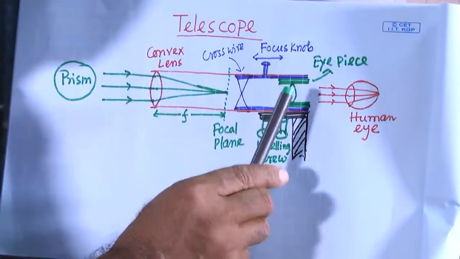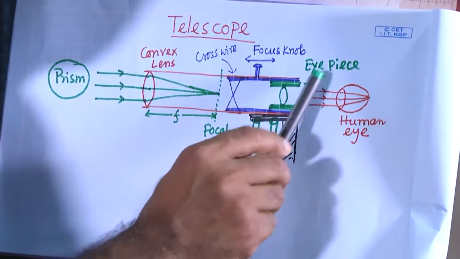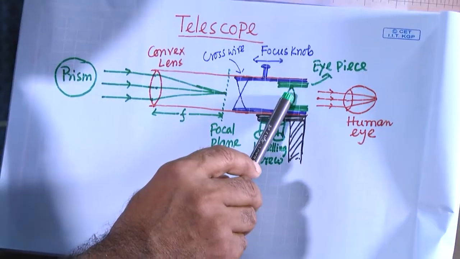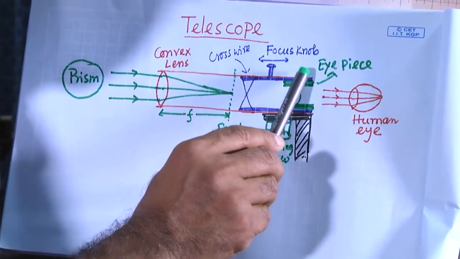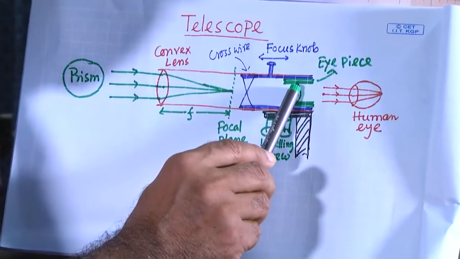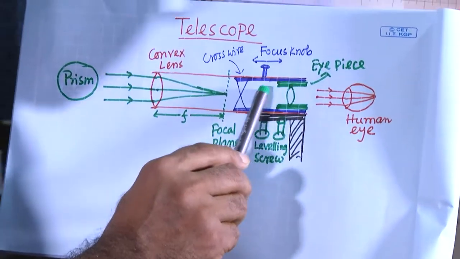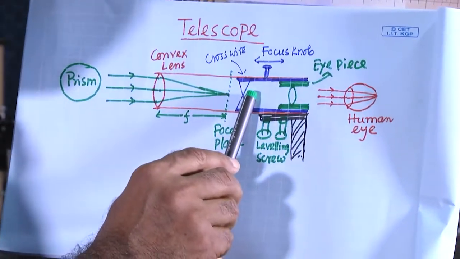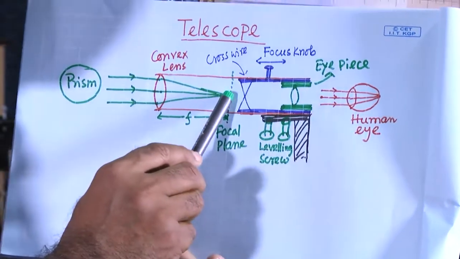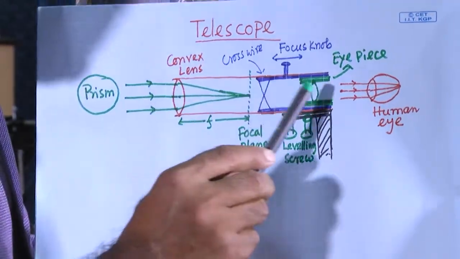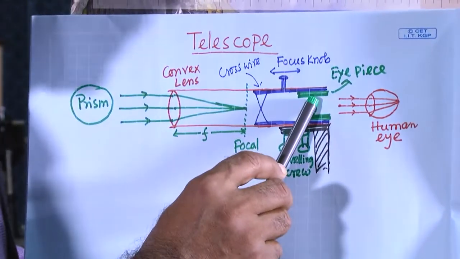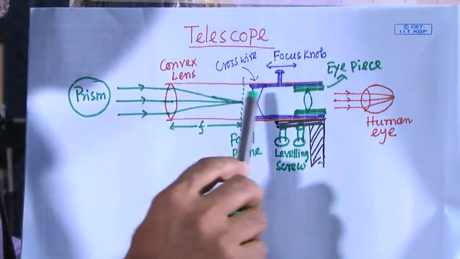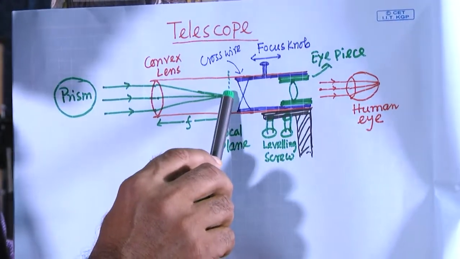Okay. So if the lens of this eyepiece is put here in such a way that this will be the focal point of this eyepiece lens also, okay, then this is now a point source.